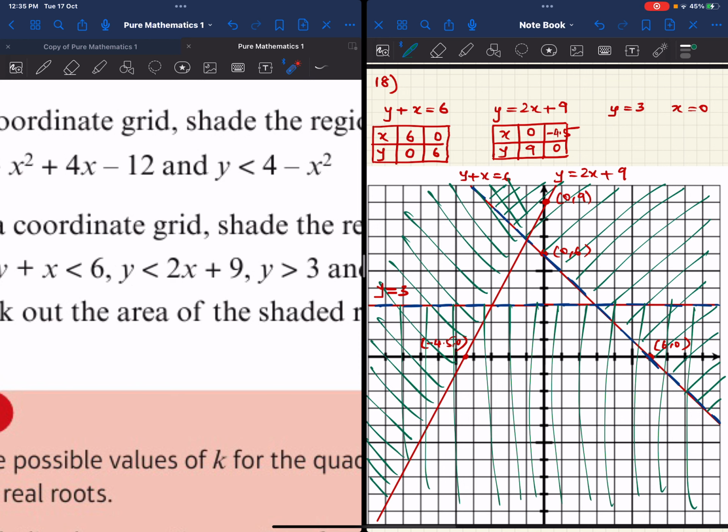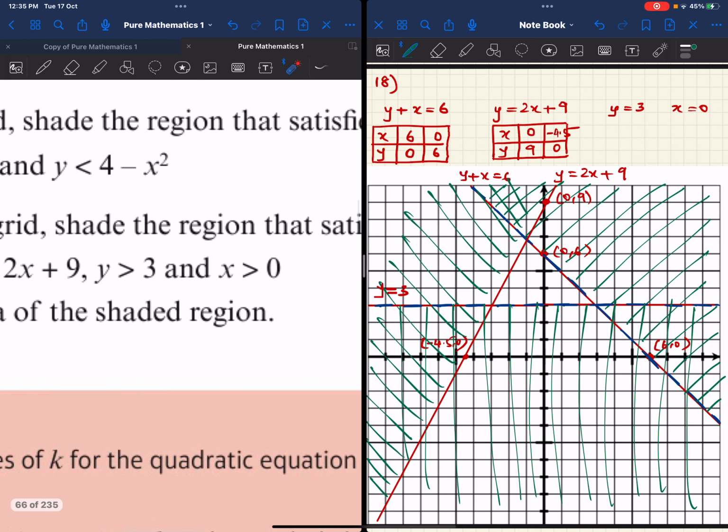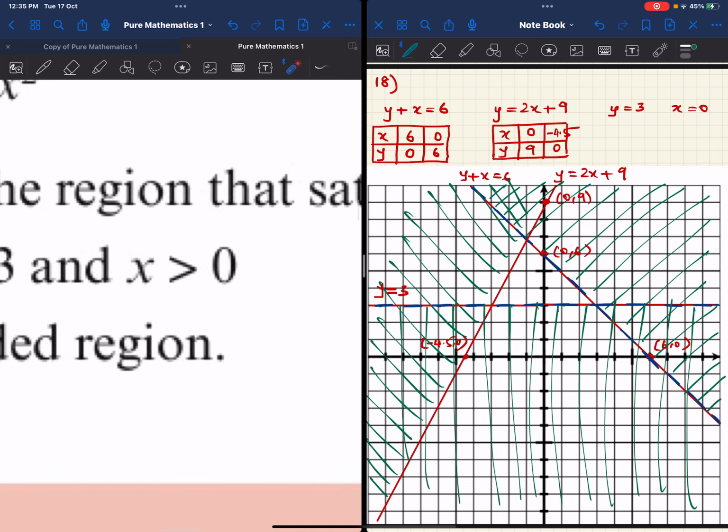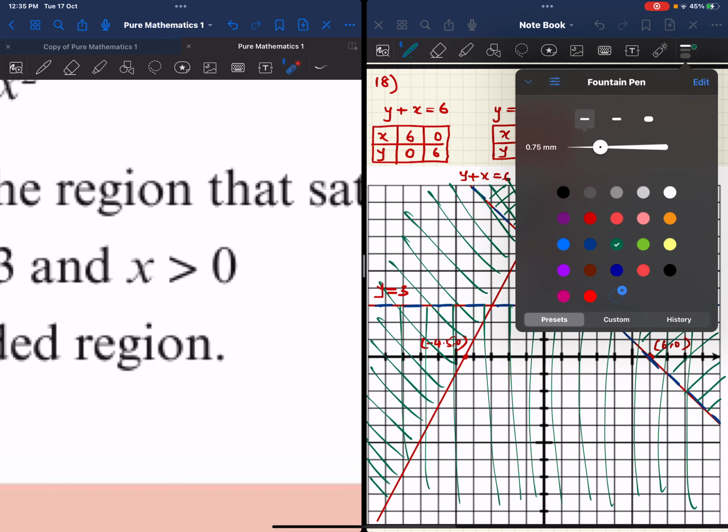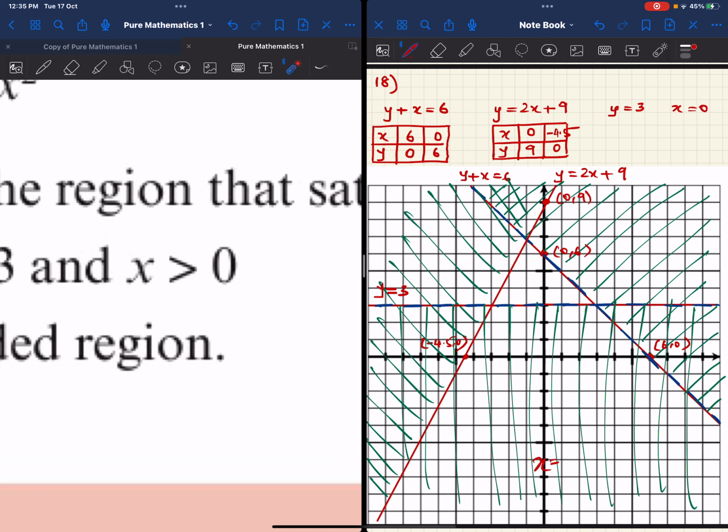And now the last line is x is equal to 0. The inequality x is greater than 0 will be represented by the line x is equal to 0. So x is equal to 0 is in fact the y-axis. So let's draw a line here.